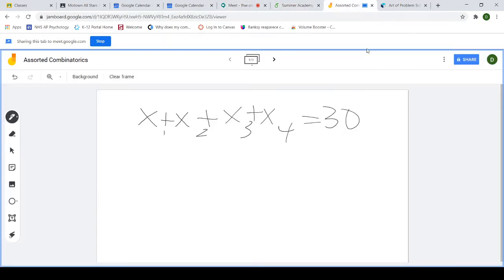This is just as a bit of an introduction to bijections. So we want to find the number of positive odd integers. So x1, x2, x3, x4 are all positive odd integers, and they sum to 30.